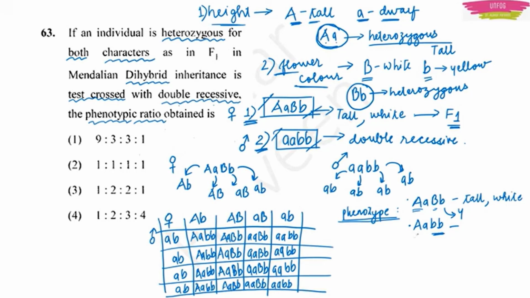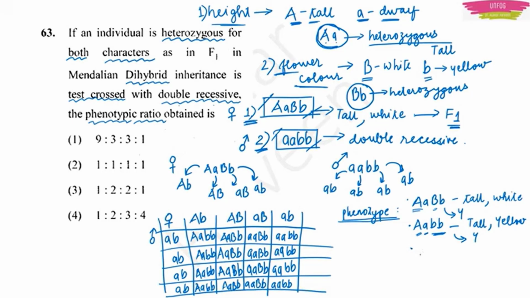Now we have capital A here and small a here. Capital A, of course, will dominate again and we'll get tall. But here we have recessive character present in homozygous form, 2 similar characters are present. So we'll have yellow colored flowers. How many are present? Capital A, small b, 4 are present. So 4 such plants will be obtained.